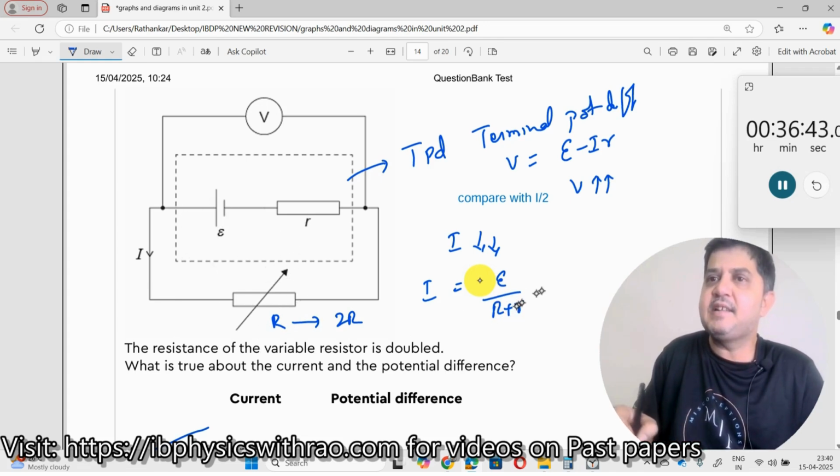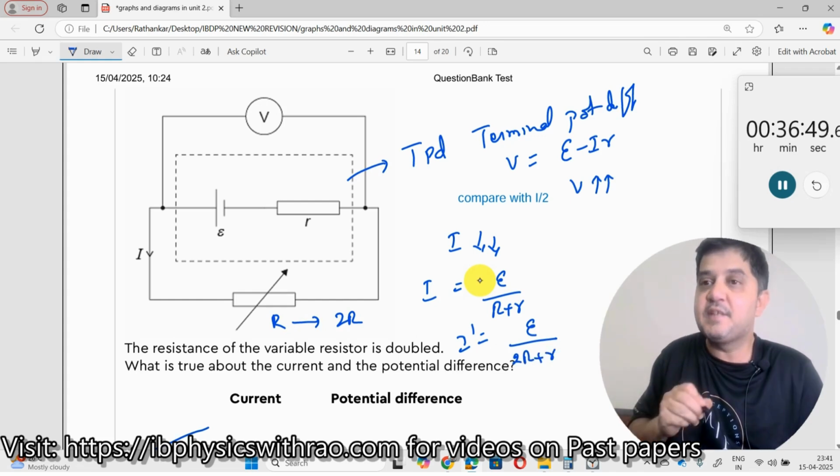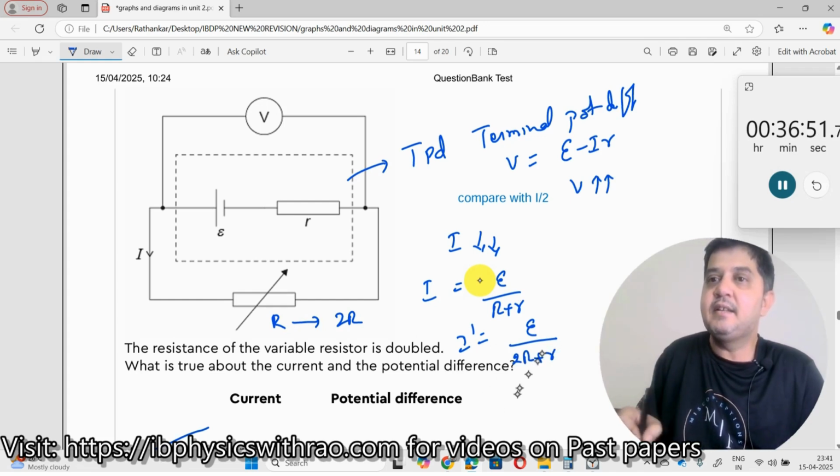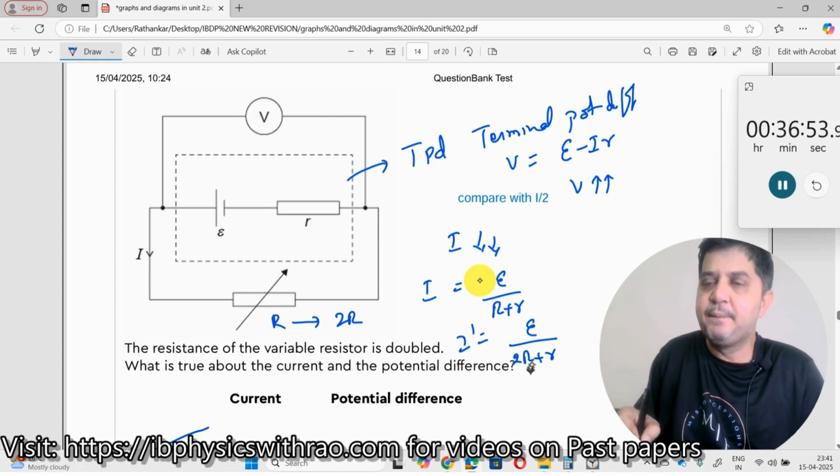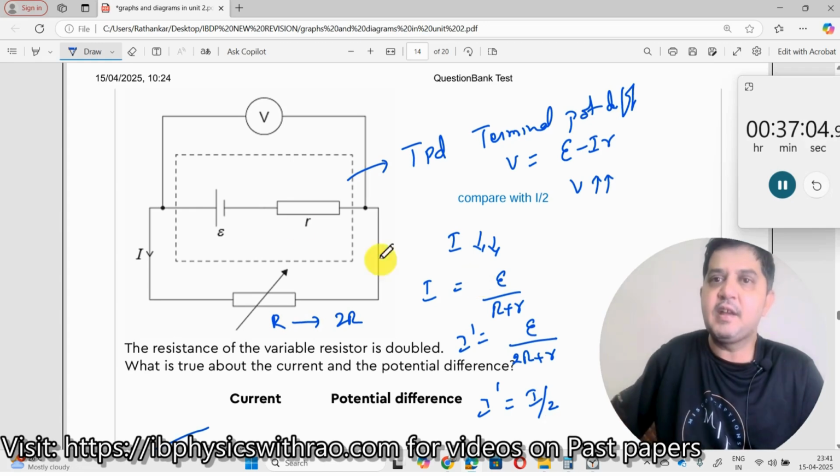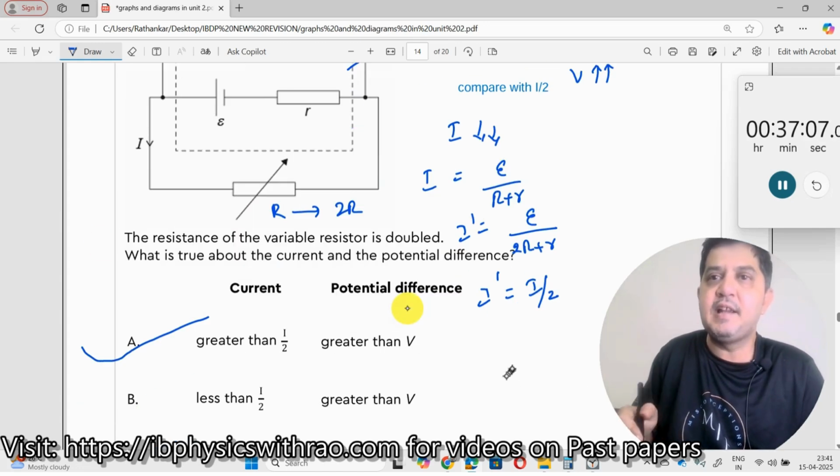Now when this R is increased to twice, I dash will become E divided by 2R plus R. Will I dash be less than I? Let us say, for example, the resistance is much larger. If I make this 0, this should now be E by 2R, which should be equal to I by 2. So I dash will definitely be larger than this. Therefore, A is the right answer: larger than I by 2. Next one.